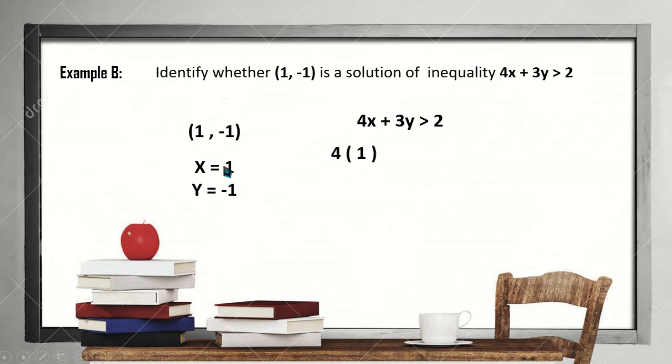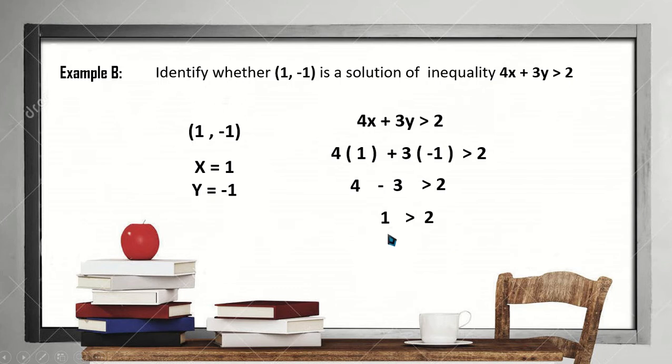Okay, so palitan ulit natin to. So 4 times 1, and then 3 times negative 1. And then copy. 4 times 1, we have 4. So positive 3 times negative 1, we have negative 3 greater than 2. So subtract natin. We have 1 is greater than 2.